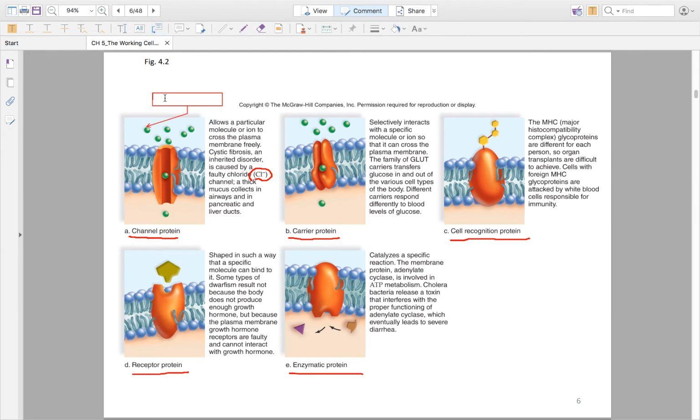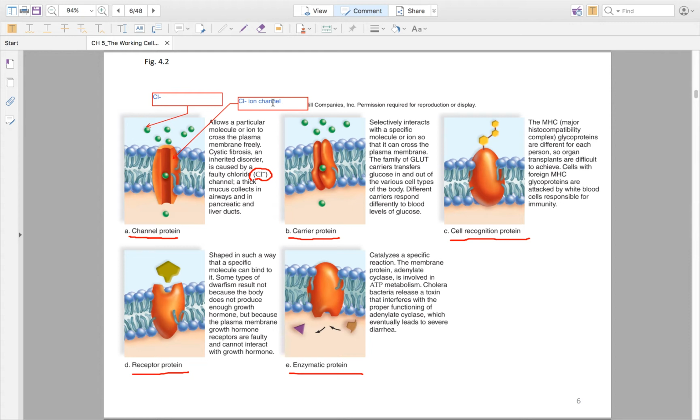Okay, every single one of those green little guys right there, that's a chloride ion. All right, now this channel is very specifically a chloride ion channel protein.